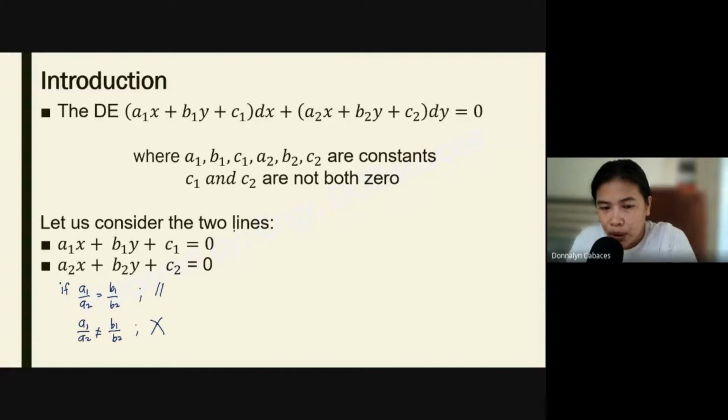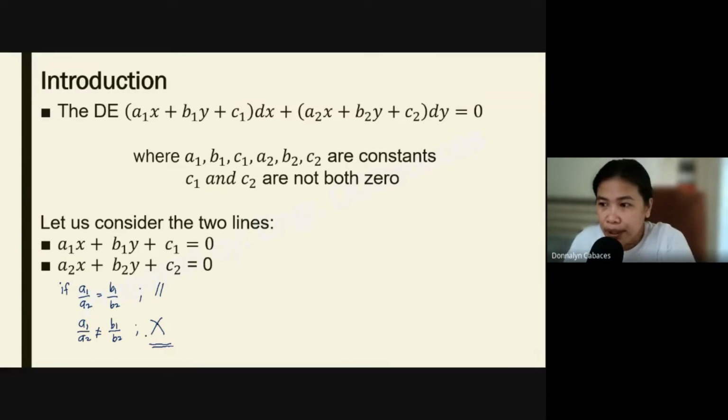Okay? So again, the solution for parallel lines is the method of obvious substitution. I will be focusing more on the intersecting lines because the solution here is quite longer as compared to that of the obvious substitution that is used for parallel lines.